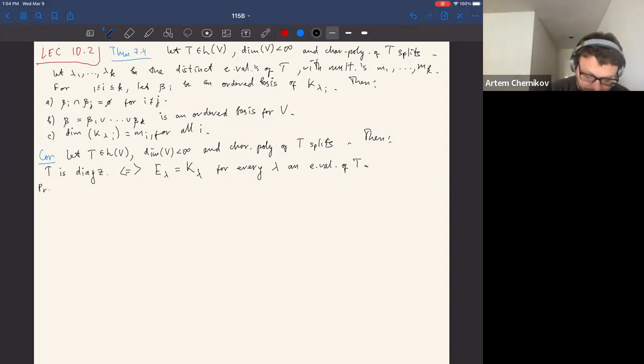The proof of this follows from the theorem. So let's see.